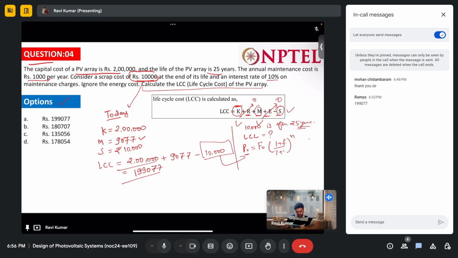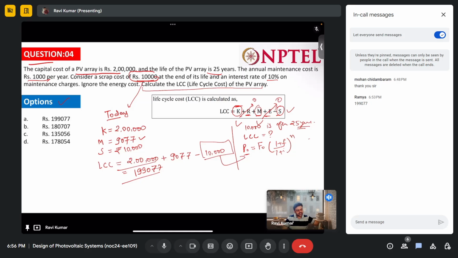So it is like that: 1 divided by 1.1 to the power 25, into 10,000.